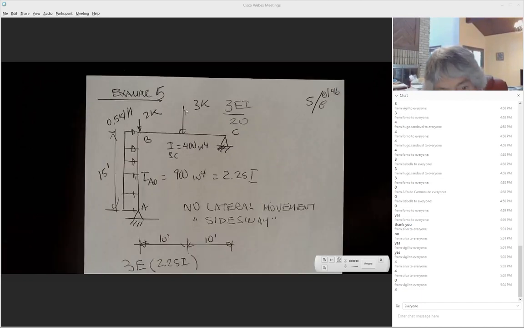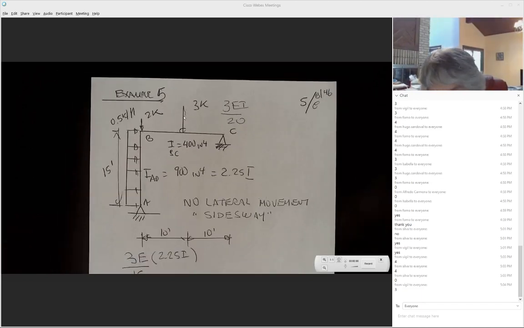Look, this force exactly in the middle is going to produce a moment in here in the counterclockwise direction equal to 3PL over 16. I'm going to show you that this one is going to produce a clockwise moment equal to WL squared over 8. I'm going to show you in the table.